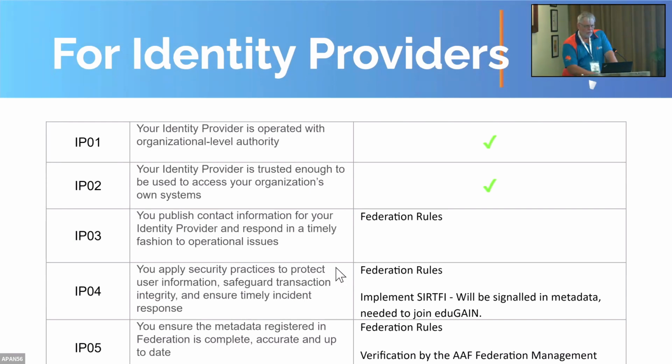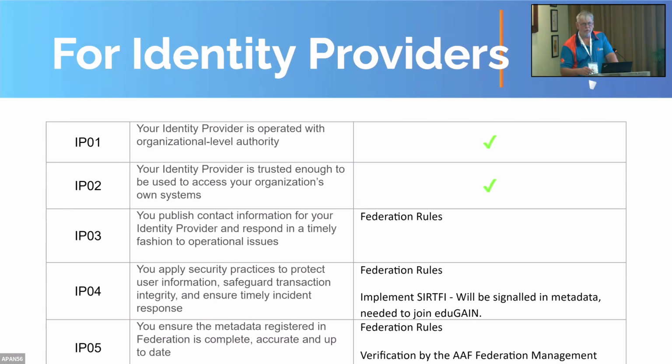So for our identity providers, we have 5 things that they need to do. And the first 2, I think we can just tick off by being part of the Federation in the AAF. So your identity provider is operated with organisational level authority. To join the Federation as an IDP, it needs to be signed off.